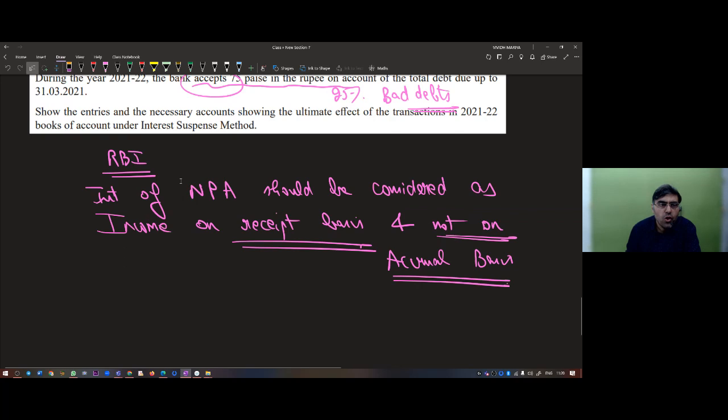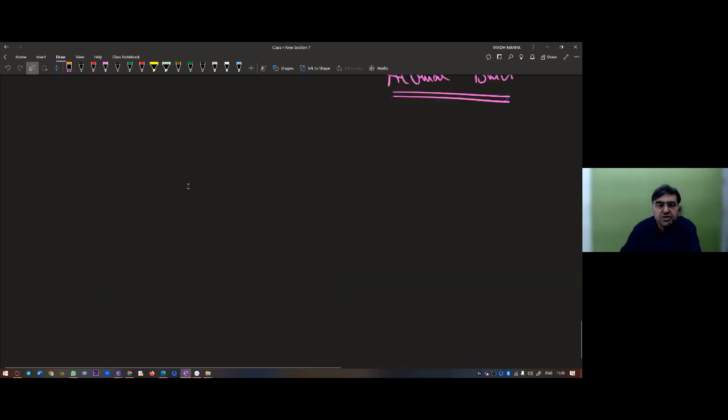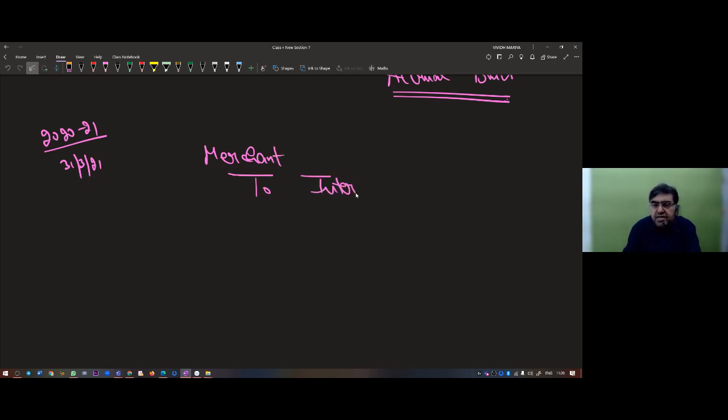So on 31st March 2021, you will make the merchant the debtor, but the interest income you cannot call it income. So you have created interest suspense account as a liability. Merchant debit and interest suspense credit by 20,000.